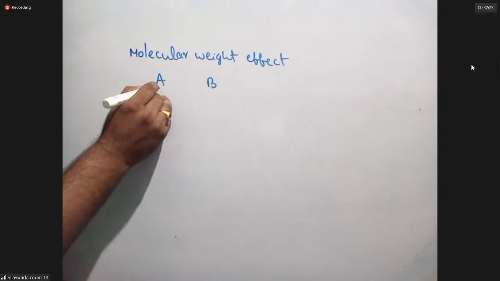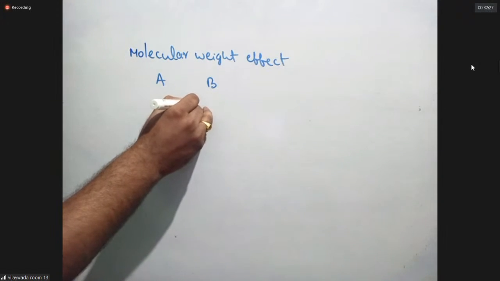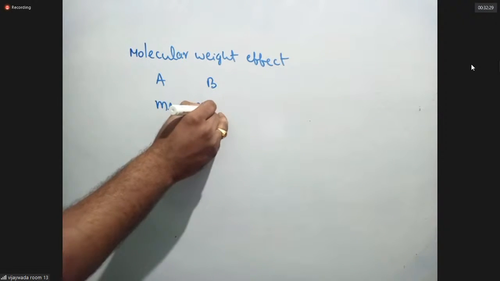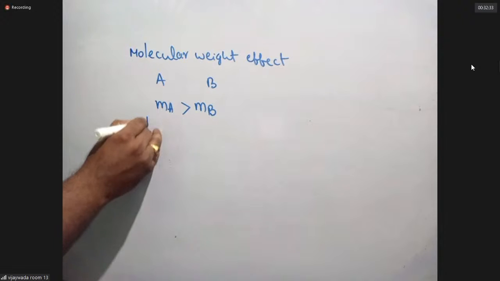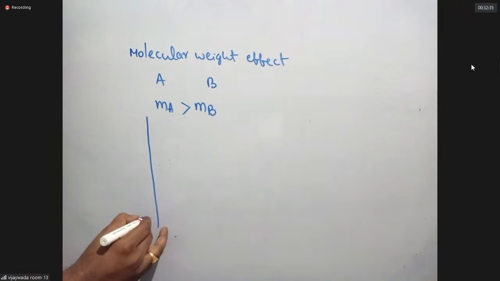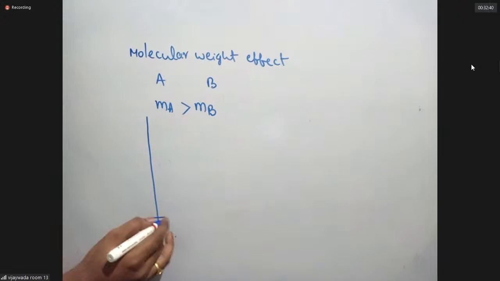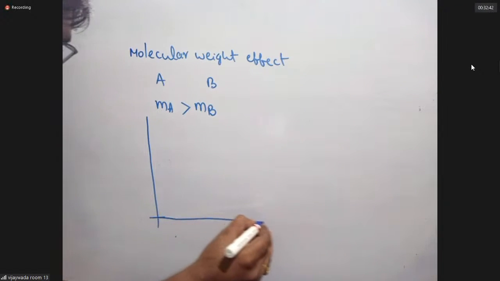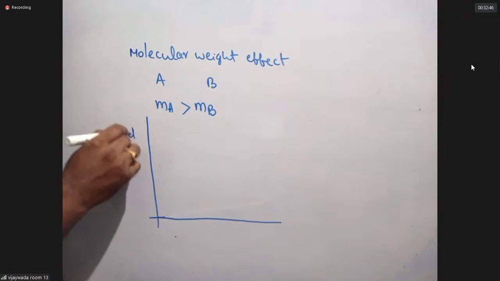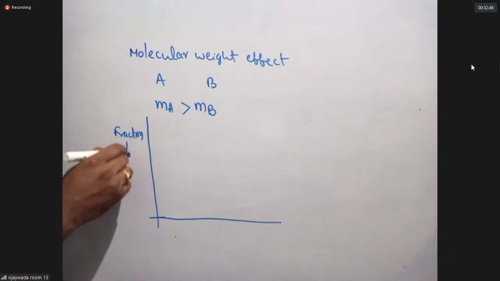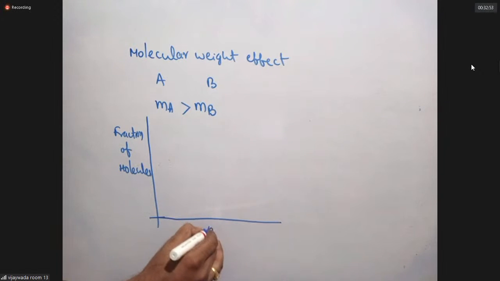Molecular weight of A gas is greater than molecular weight of B gas. Then if you draw probability distribution curves for the two gases at the same temperature, fraction of molecules versus velocities.